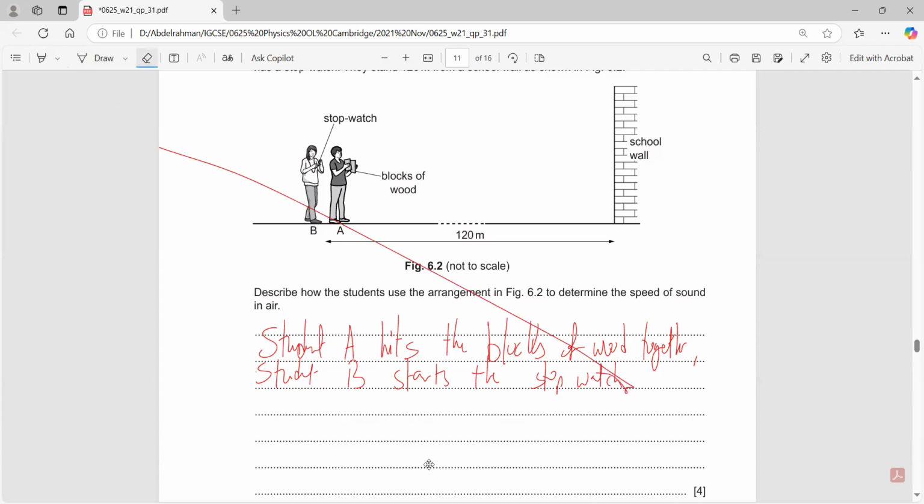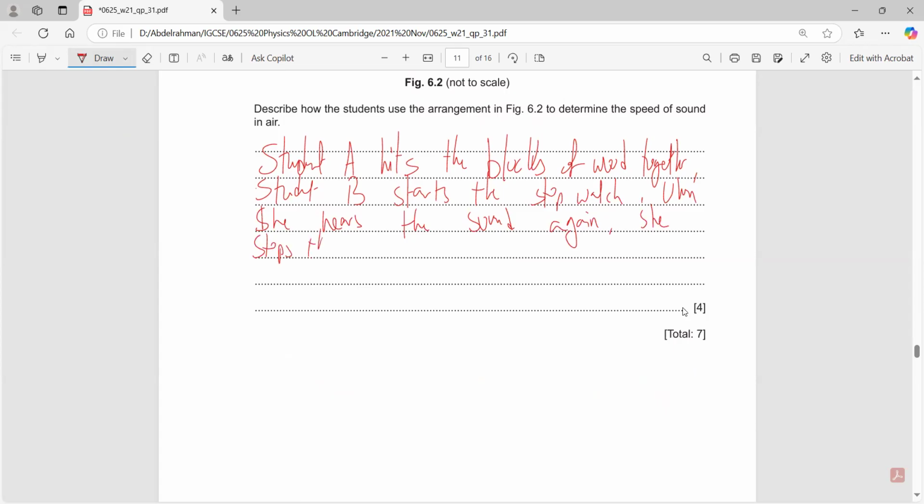Okay, student B starts the stopwatch, and when she hears the sound again, she stops the stopwatch, okay, and records time t.